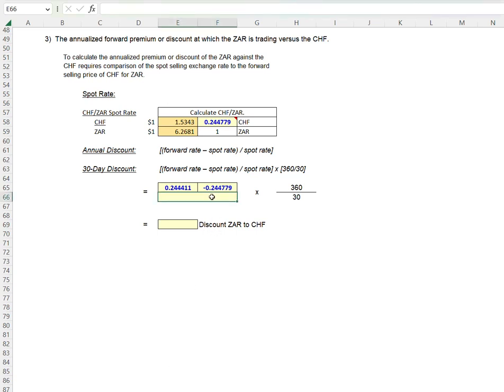Then we simply divide by that initial spot rate. Our final calculation is simply equal to the difference between our two rates divided by the initial spot rate. And that's monthly, and basically we multiply it by 12, or 360 divided by 30, to get the annualized discount of 1.803%.